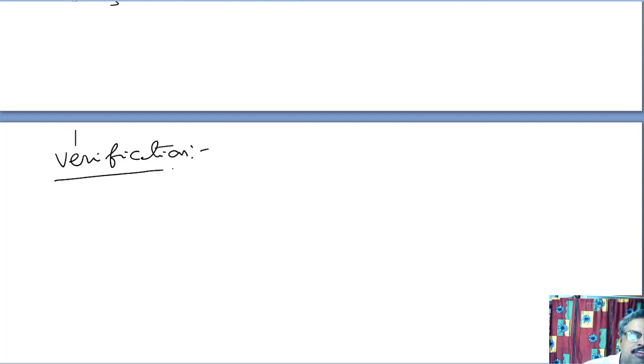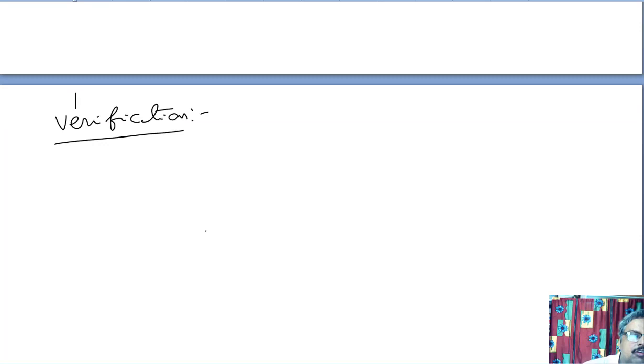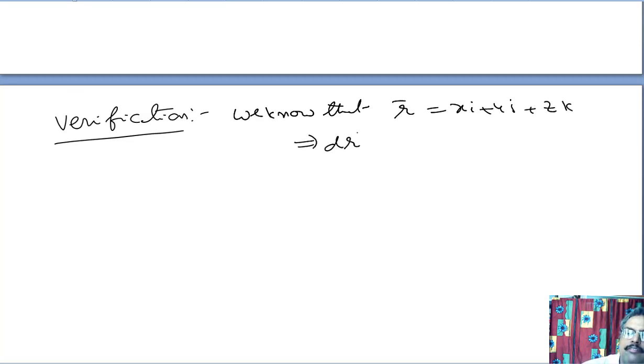Verification is also very easy. We know that r bar equals xi plus yj plus zk, dr bar equals dx i plus dy j plus dz k.